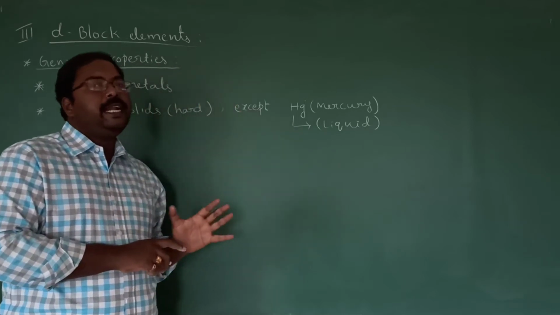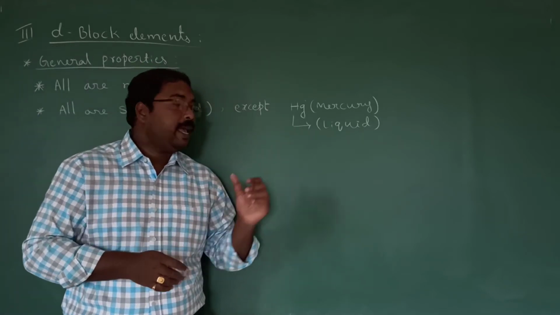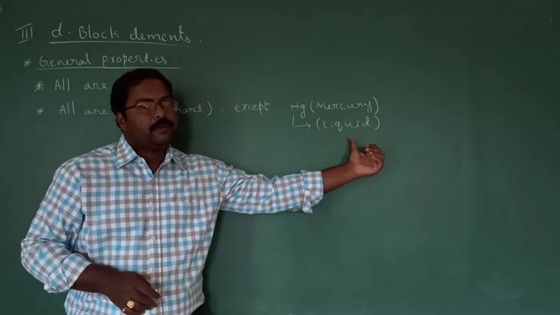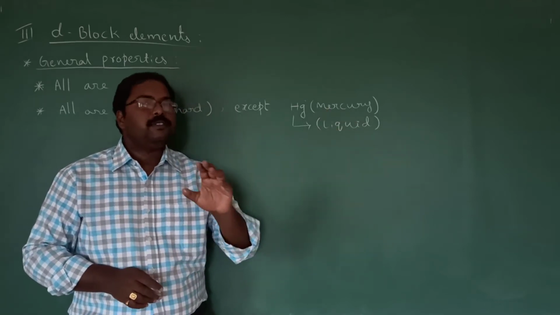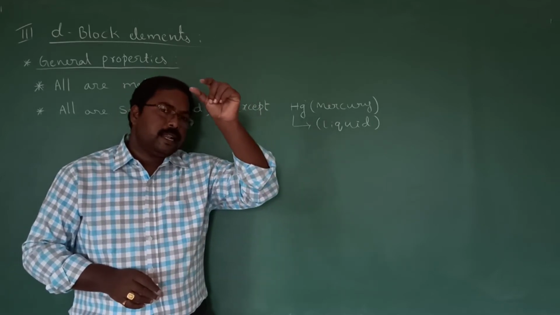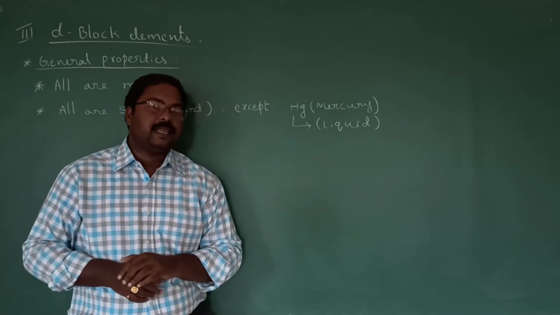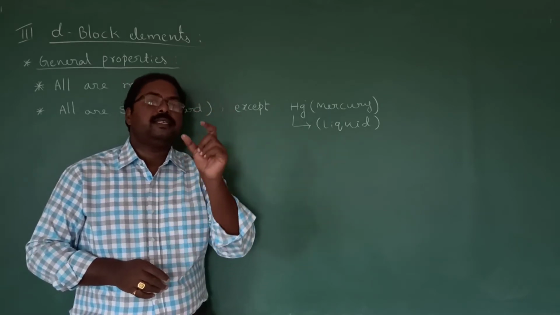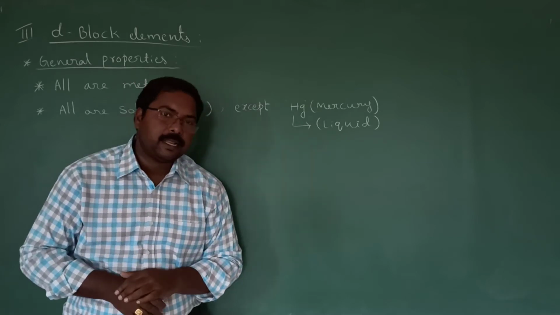So in the periodic table, generally most of the metals are solids except mercury, which is a liquid. In the same way, most of the non-metals, mainly the noble gases and halogens, are purely gases. But except one, that is bromine, which is the non-metal present in liquid state. Okay?